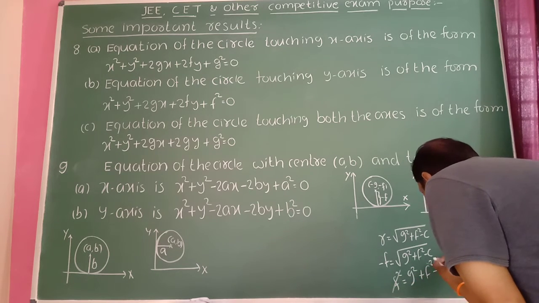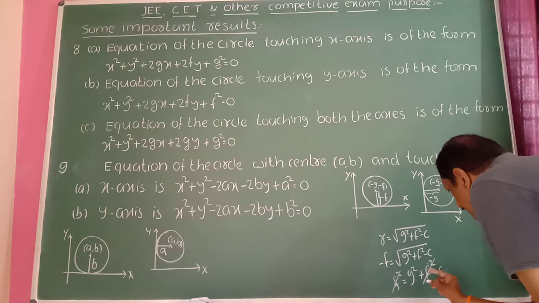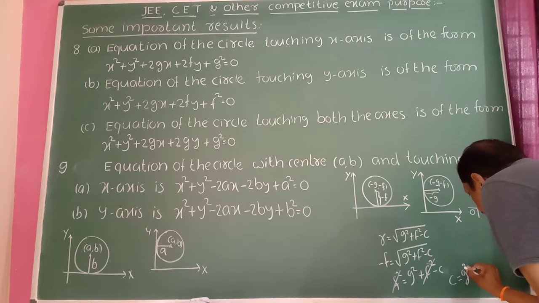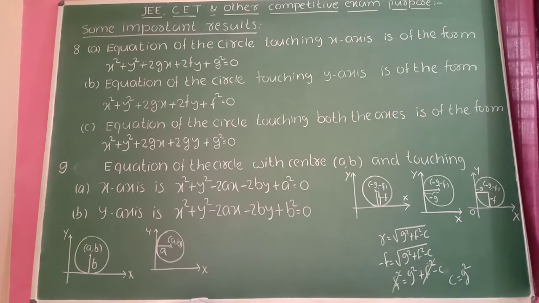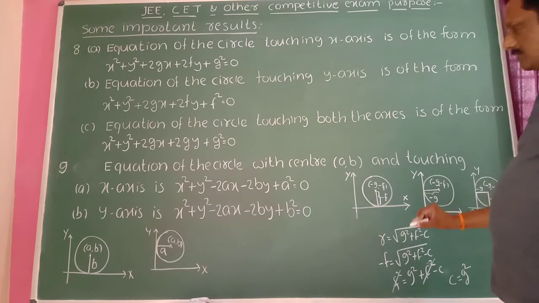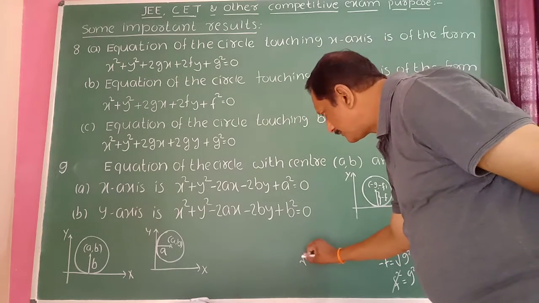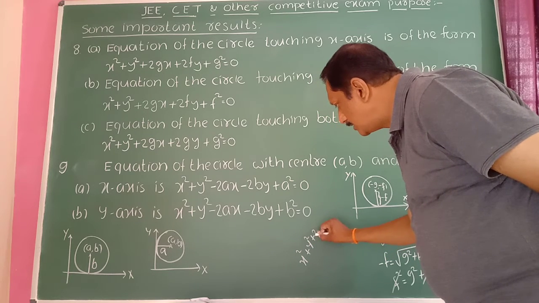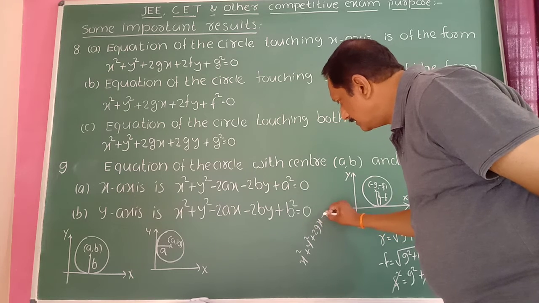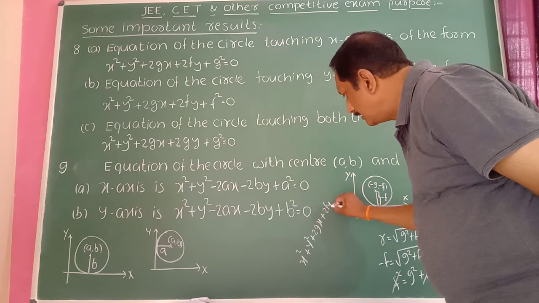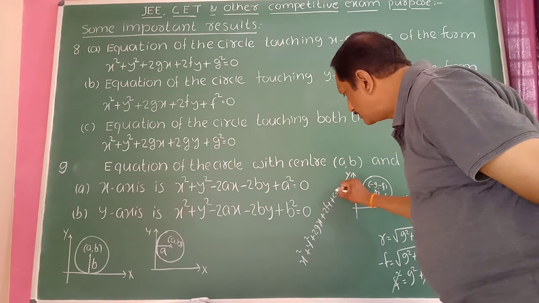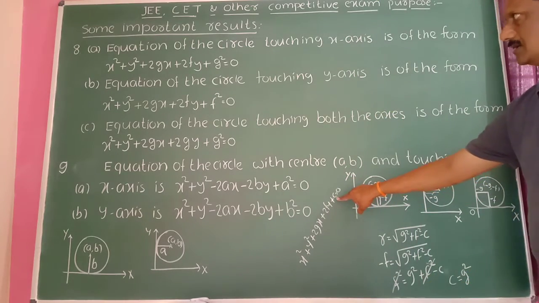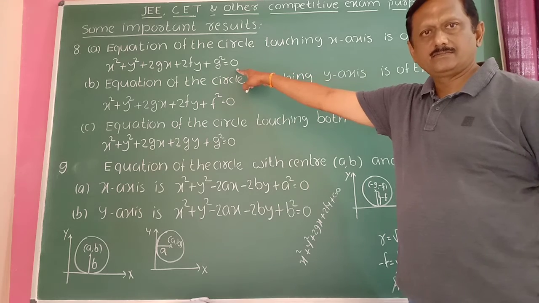Then this f square cancels here. Take a minus c, that's it. So we get c is equal to g square. Therefore, if the equation of the circle is x square plus y square plus 2gx plus 2fy plus c is equal to 0, then c is equal to g square. So replace here, we get this result.